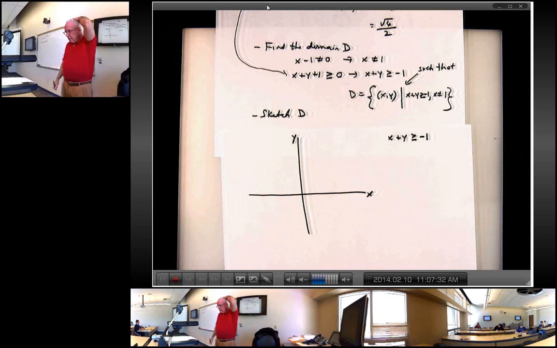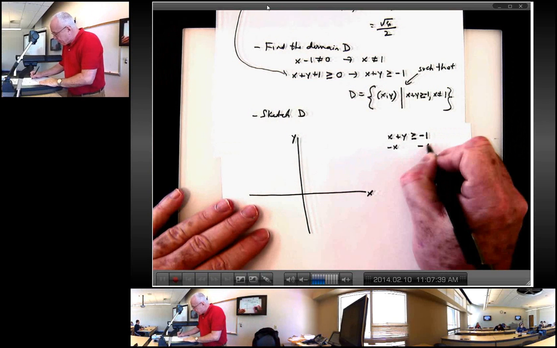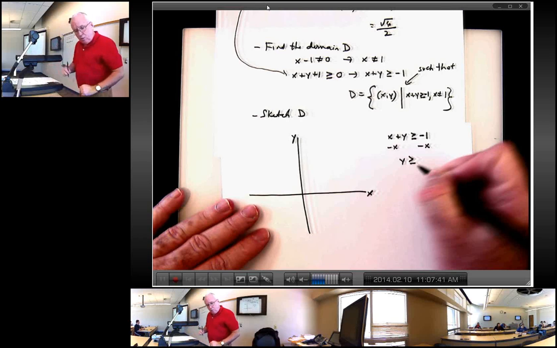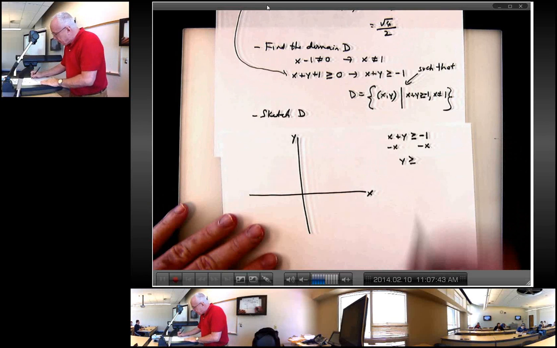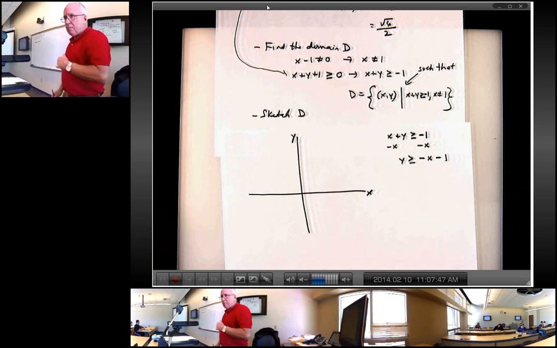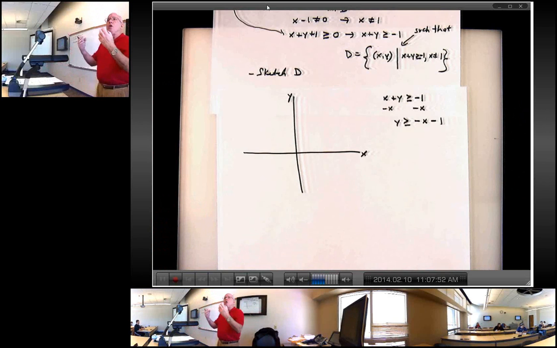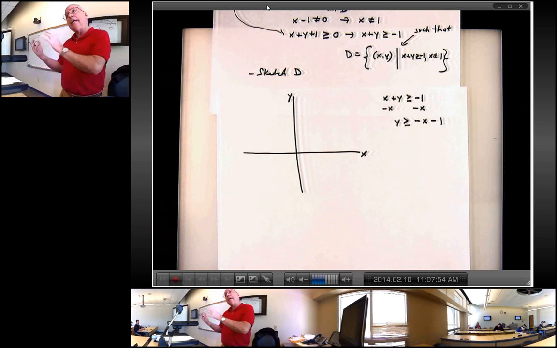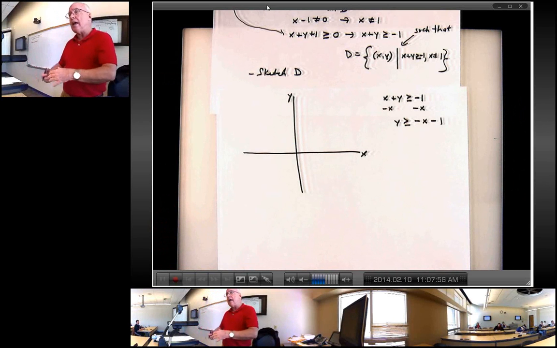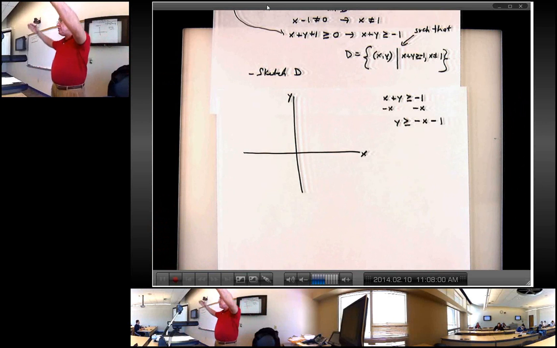Well, I can do a table, or I could also subtract x from both sides. Therefore, y has to be greater than or equal to -x minus 1. And if you remember from algebra, when you are plotting an inequality, you're going to have half of the plane, not just the line.